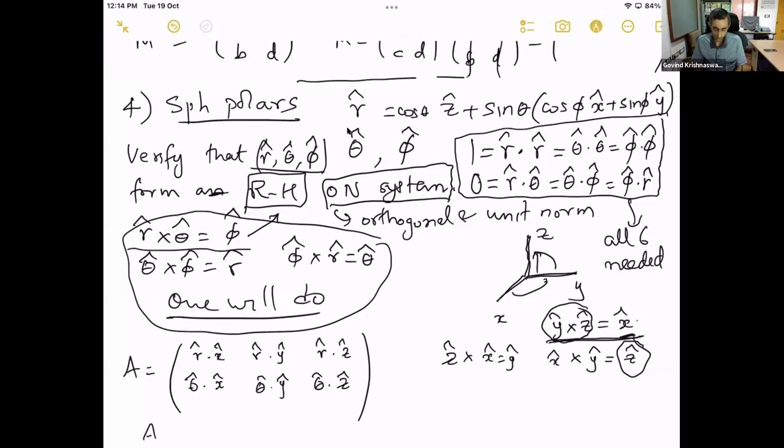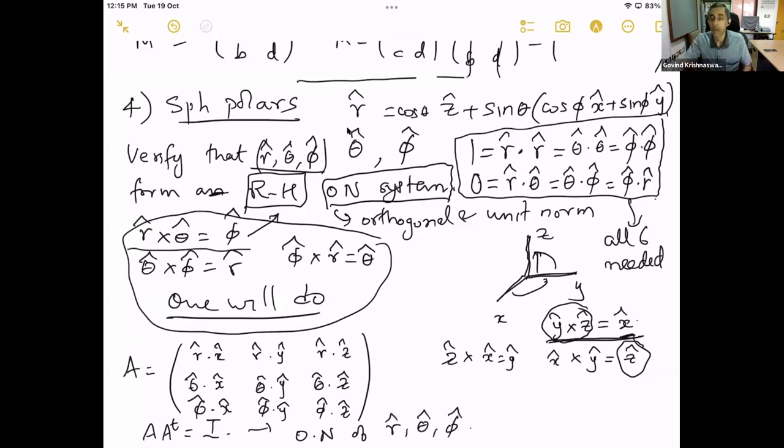And then you will verify that A A transpose is equal to the identity matrix, like we did in the previous example, and that will encode all these 6 conditions for you. Then there's a similar thing, phi hat dot x hat, phi hat dot y hat, and phi hat dot z hat. And this will encode the orthonormality of r, theta, and phi.